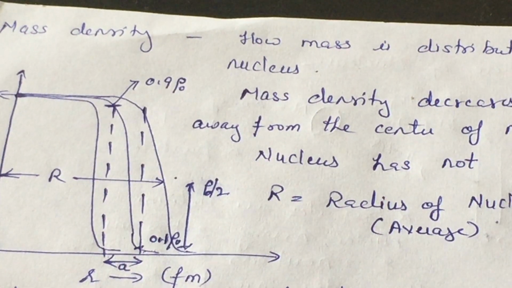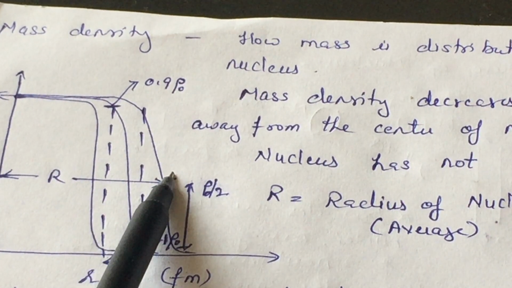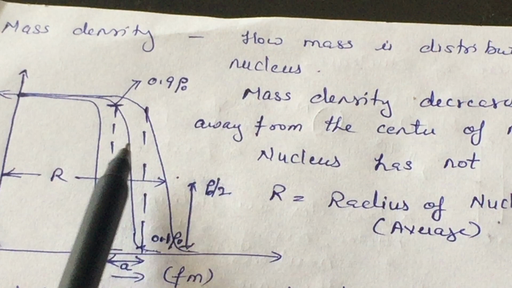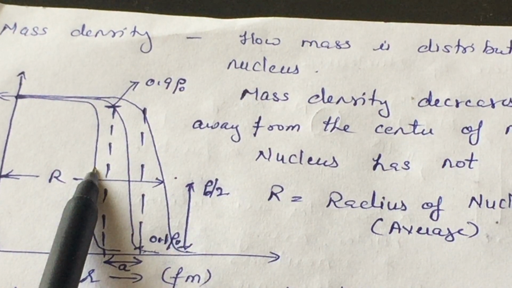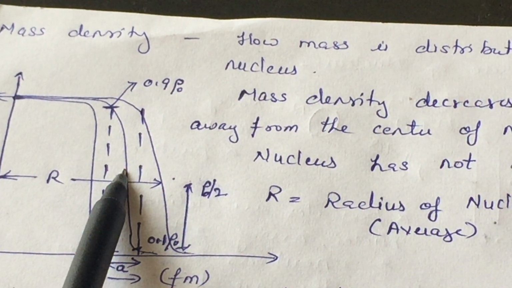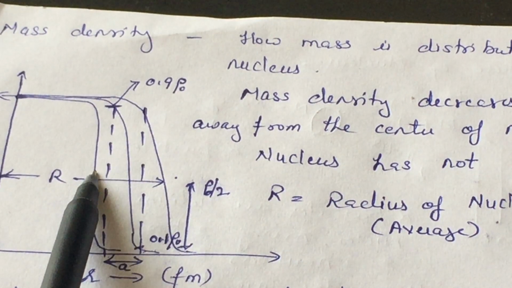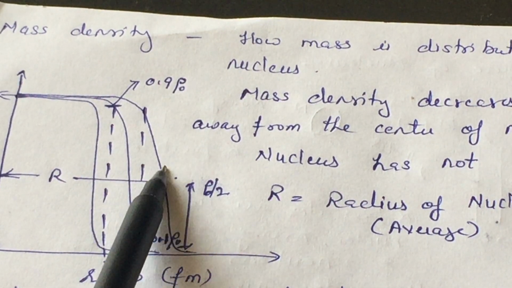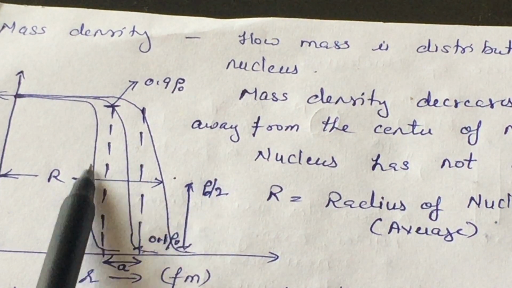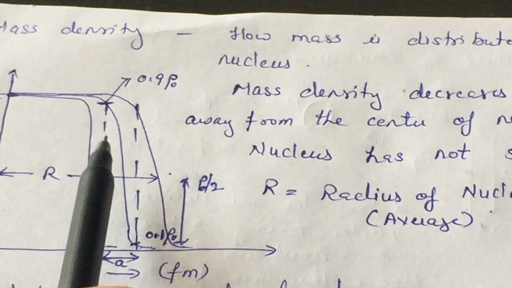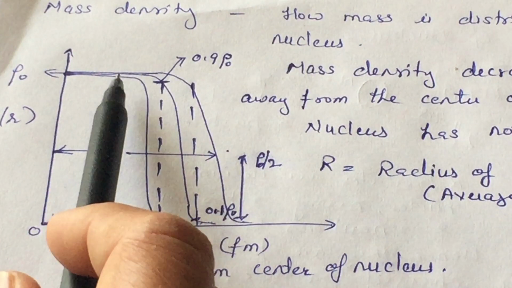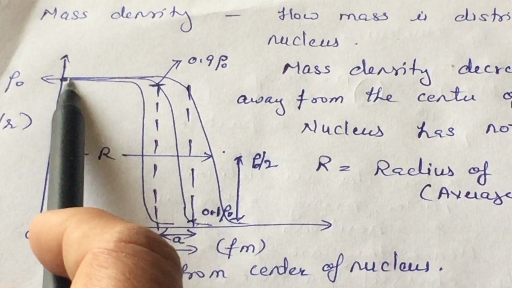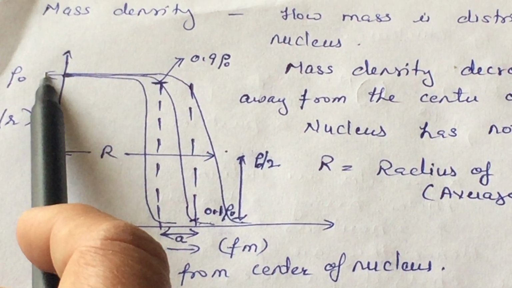Again we draw this graph for three nuclei, or three elements. Let us consider this is the heaviest element, this is the lighter element, and this is an element lying in between the heavy and the light element. For all three elements, we find that the maximum mass density is approximately the same, that is rho naught.